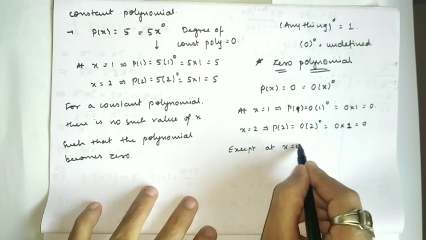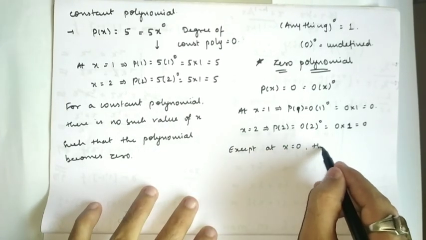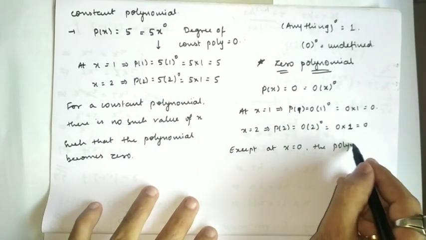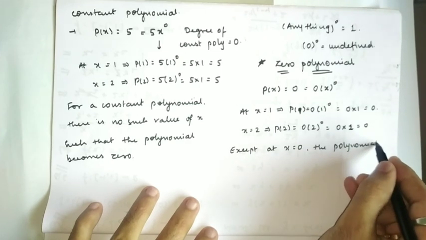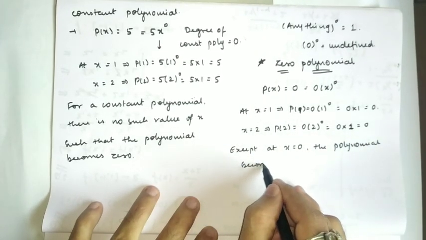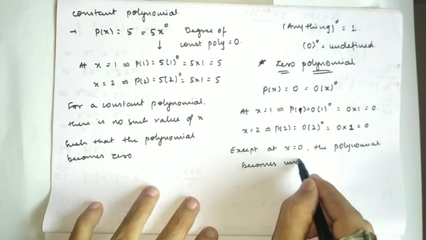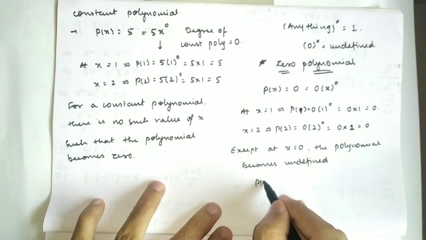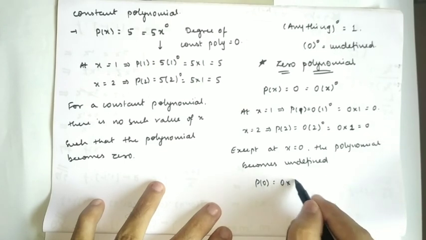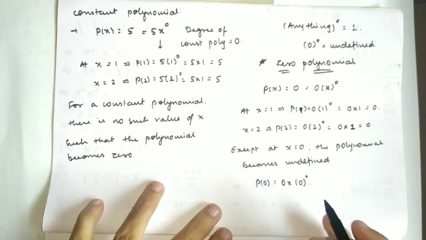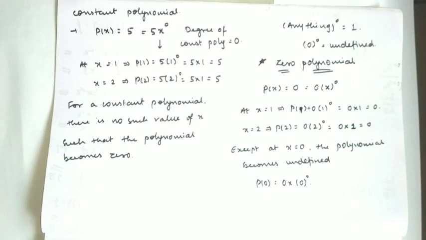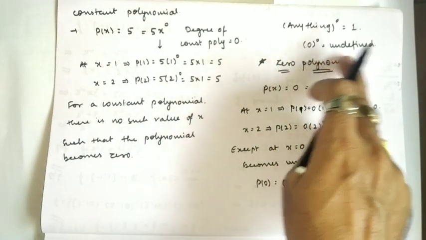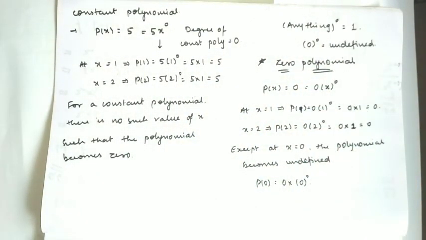except at x equals 0, where the polynomial becomes undefined. Why at x equals 0? Because p of 0 will become 0 into 0 raised to 0. Now 0 raised to 0 is undefined. I already told you that 0 raised to 0 is undefined.